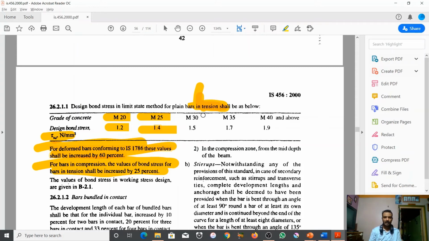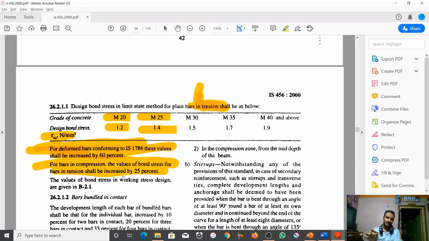But we used a deformed bar, HYSD bar, Fe415 grade bar. So in this condition, your 1.4 value will be increased by 60%, as well as this reinforcement is in the column.